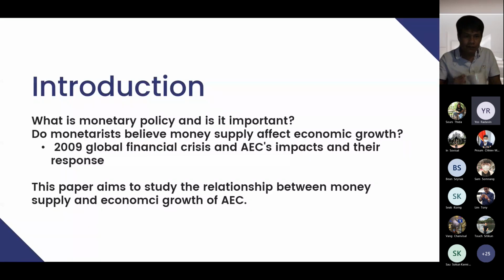For example, in the 2009 financial crisis, the worldwide recession led to a reduction in global GDP of about minus 0.35% in 2009. But Asian countries not only used monetary policy, they also used fiscal policy in order to support one another and to prevent inflation.